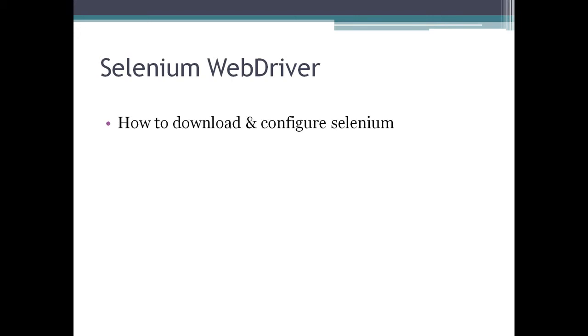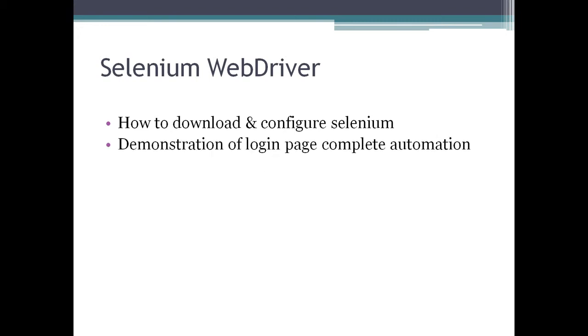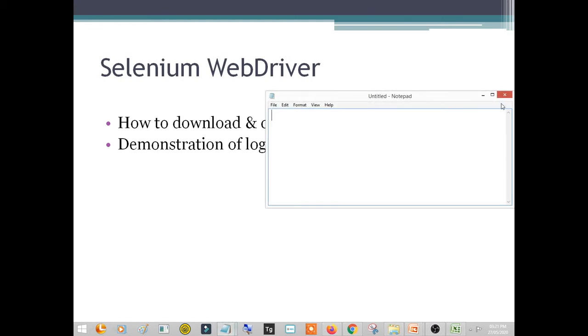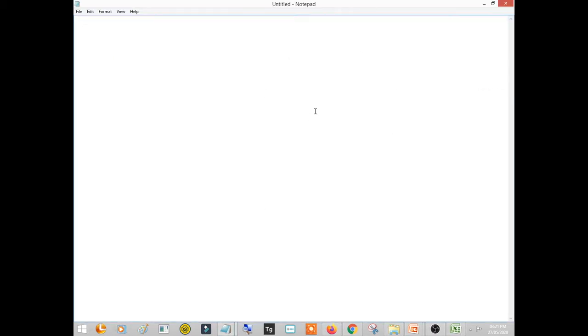Here we are going to see how to download and configure Selenium, then a demonstration of complete login page automation. To implement this, let's note down what we need. You should have Java installed on your machine, most probably 1.8.